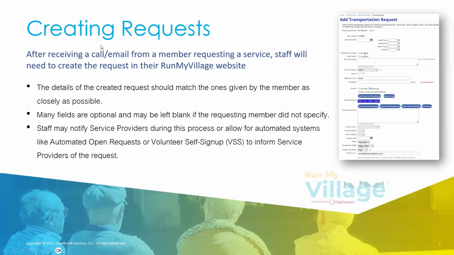Once we've received that information, we would go into our control panel and access the services tab that we were just given access to by Ryan. We would take those details and match them to our new request, filling in that information.